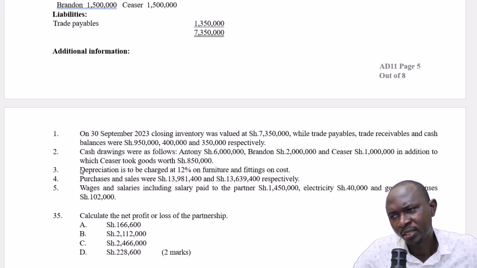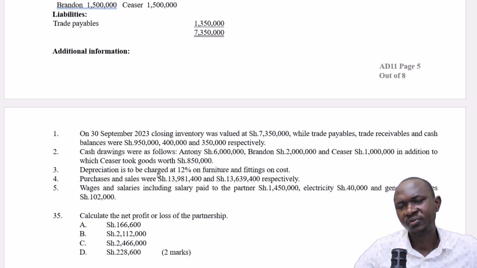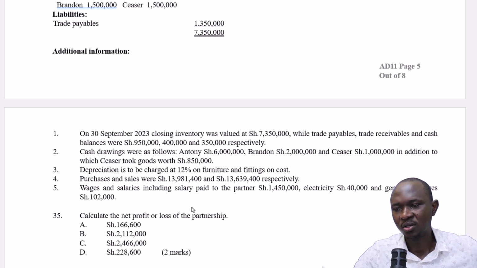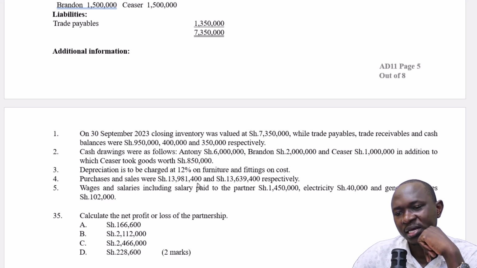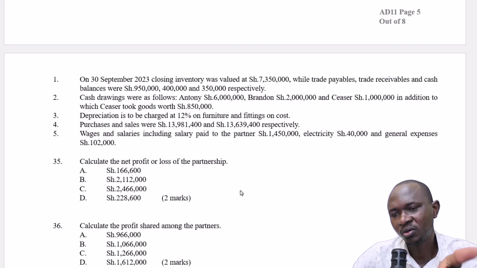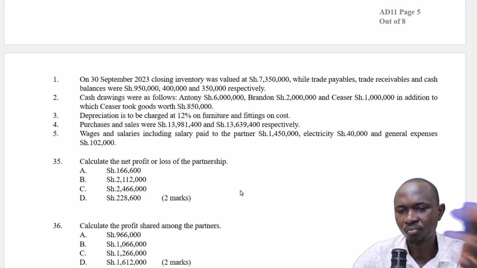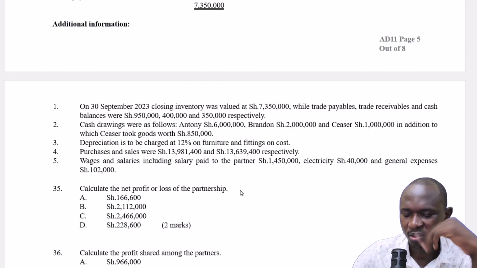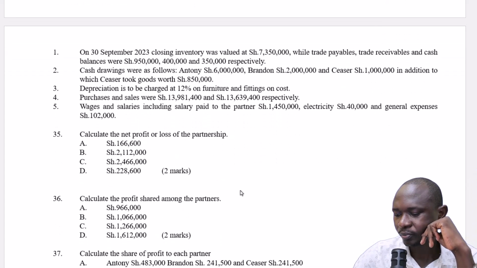In addition to which Cesar took goods worth 850,000. Depreciation is to be charged at 12% per annum on furniture and fittings. Purchases and sales, those figures. Wages, salaries, electricity, general expenses. And you are supposed to calculate the net profit or loss for the partnership. Let's bounce into it.